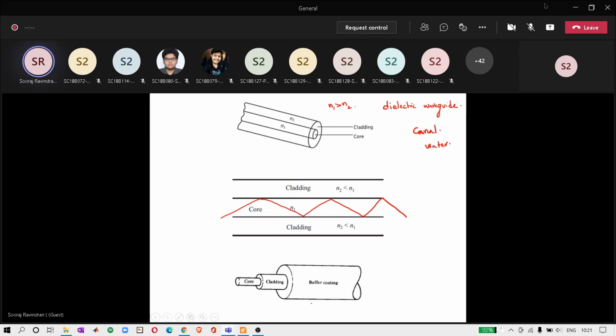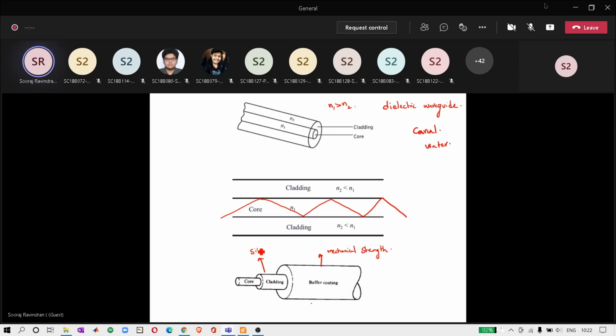Now, a realistic optical fiber, what you use for optical communication applications, does not have just a core and a cladding. It also has a buffer coating. The buffer coating is usually made out of polymer or rubber, and it is used for increasing the mechanical strength and durability. The core and cladding are usually made out of silicon dioxide, silica.